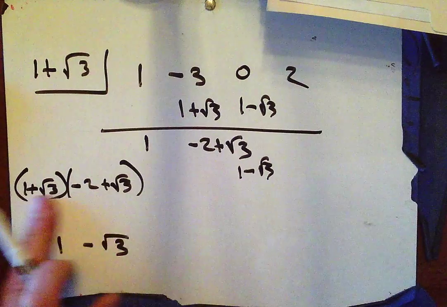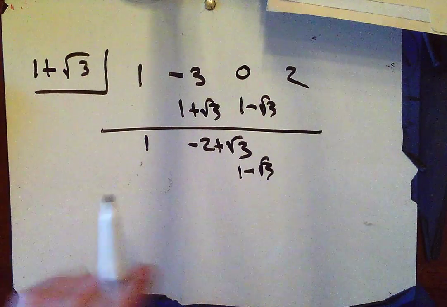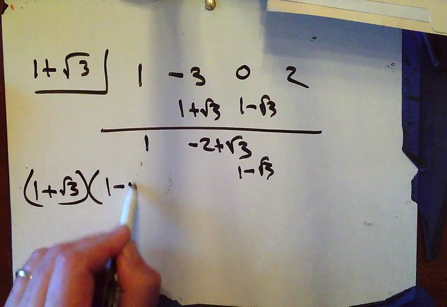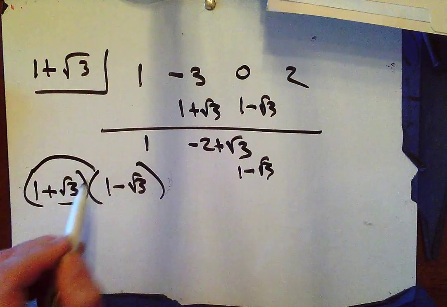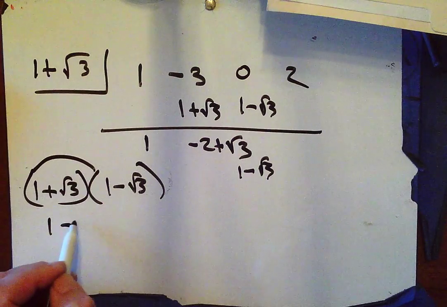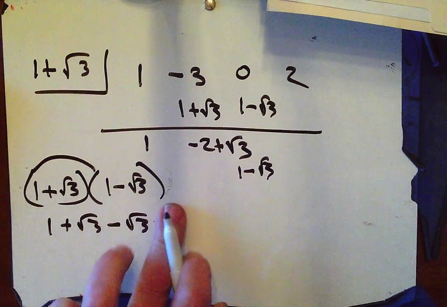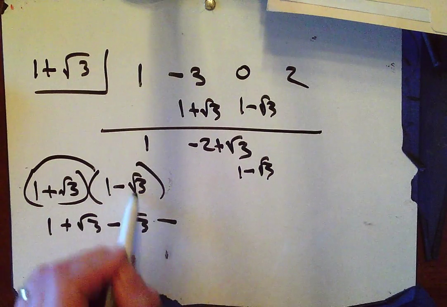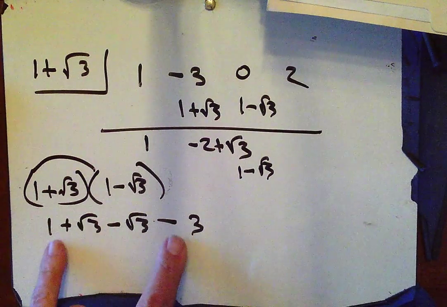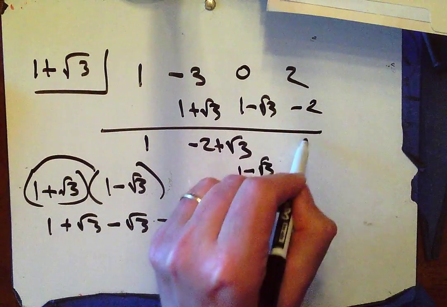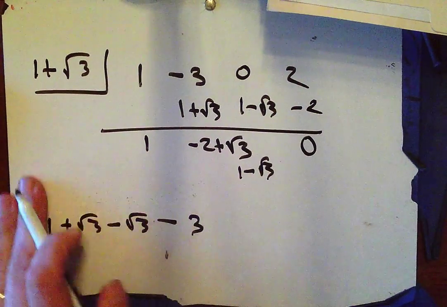Hey, that looks a lot like a difference of squares, doesn't it? 1 plus root 3 times 1 minus root 3. So yes, this is a difference of squares. We're going to have that plus root 3, that minus root 3, and then root 3 times root 3 is 3. So here I get negative 2, and the middle terms cancel. And that gives us a nice 0, just like what we want.